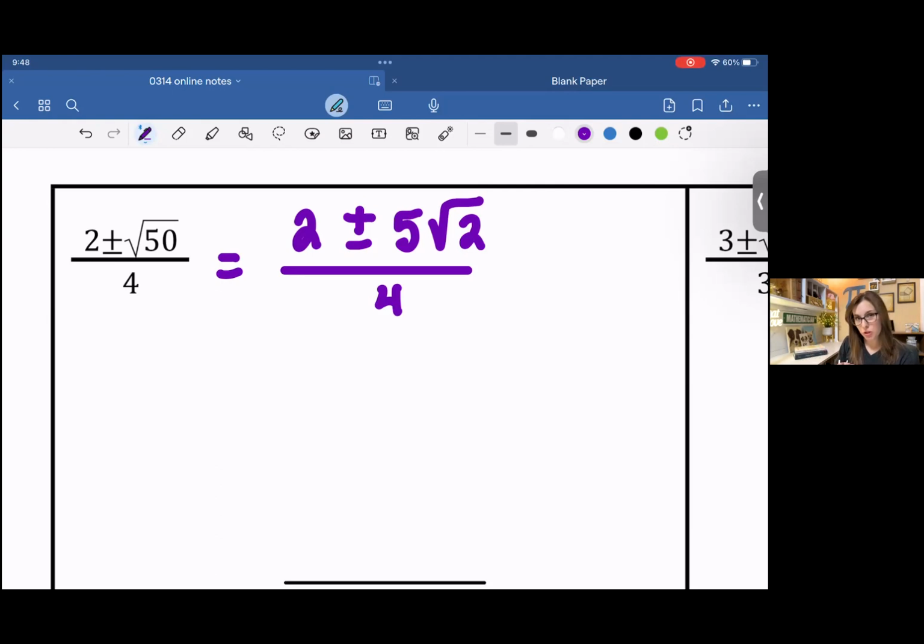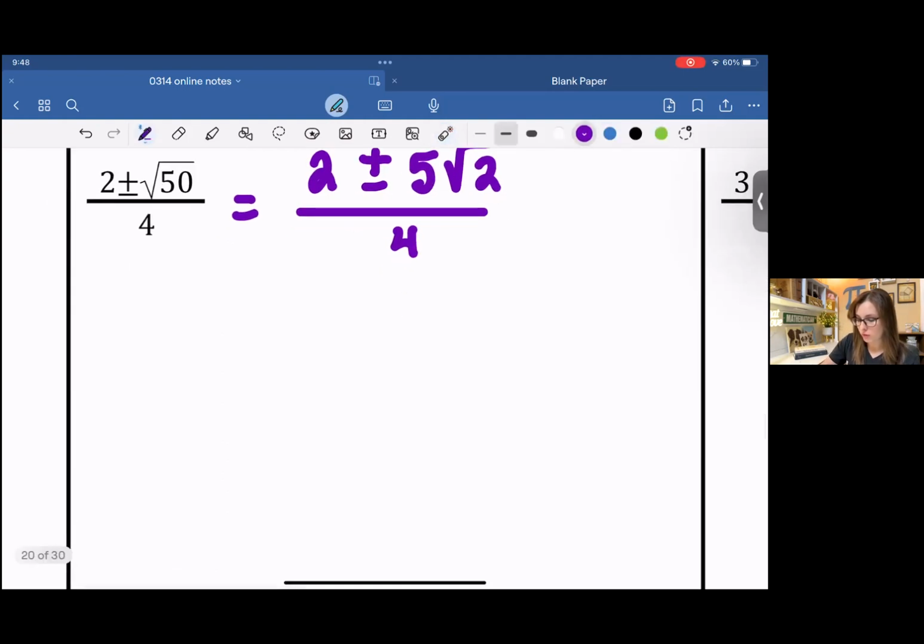If it does reduce, you should reduce it. But we have a 2, a 5, and a 4, and they don't all have a common factor except 1. So you would finish there. I have seen some homeworks and books that break this up into 2 fractions: 2 over 4 plus or minus 5 square root 2 over 4.